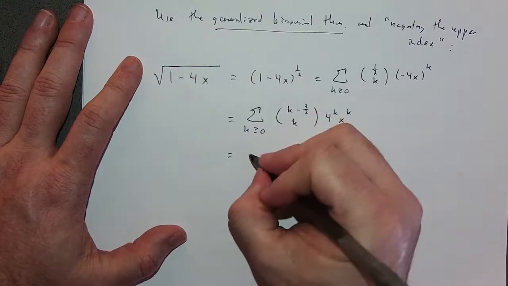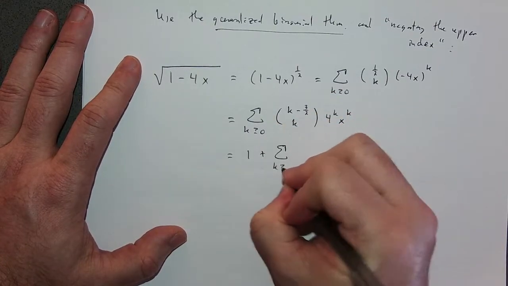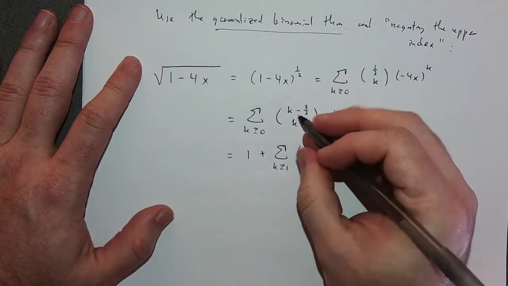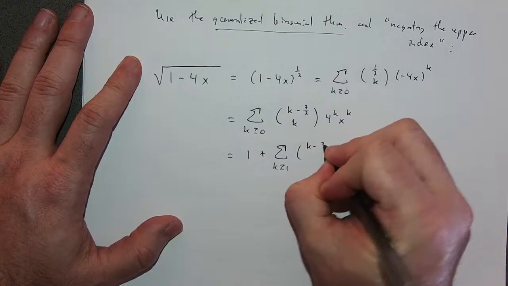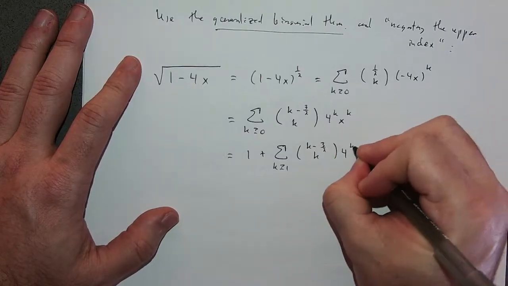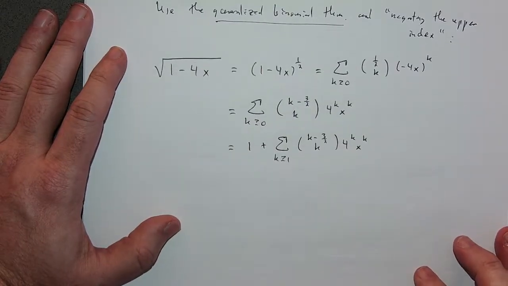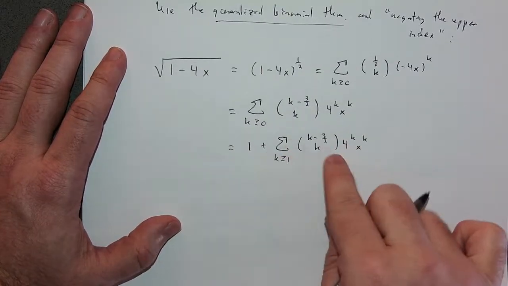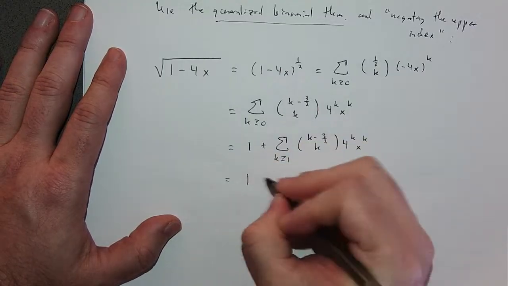this is going to be 0 or 1, sorry, plus the sum k greater than or equal to 1 of (k minus 3/2 choose k) times 4 to the k x to the k. Reindexing here, pulling a copy of x out, my standard trick.